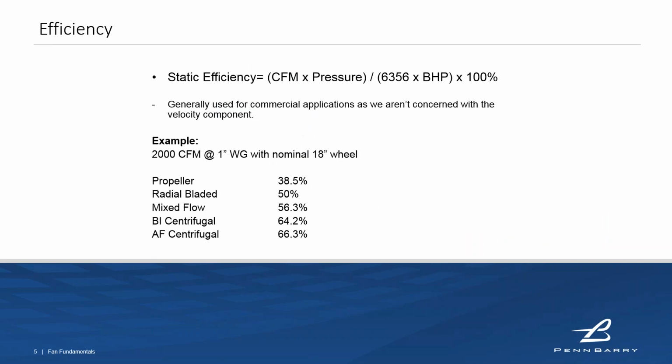So moving forward, what's the next thing I'm thinking about? Efficiency. In a perfect world, this would probably be the number one thing that we consider when we're selecting equipment. But the reality is that the contractor is usually more concerned with first cost of equipment than the building owner might like him to be.